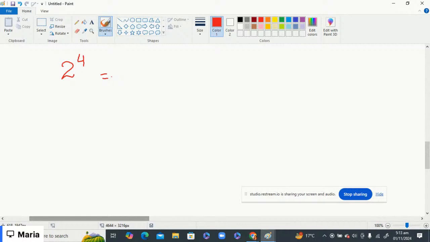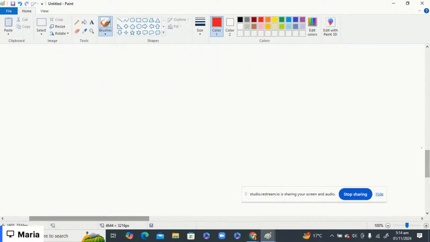We write it this way, putting 2 how many times? 4 times: 1, 2, 3, and 4. Then just simply multiply each number with itself. 2 times 2 is 4, 4 times 2 is 8, and 8 times 2 is 16. And that is the answer.